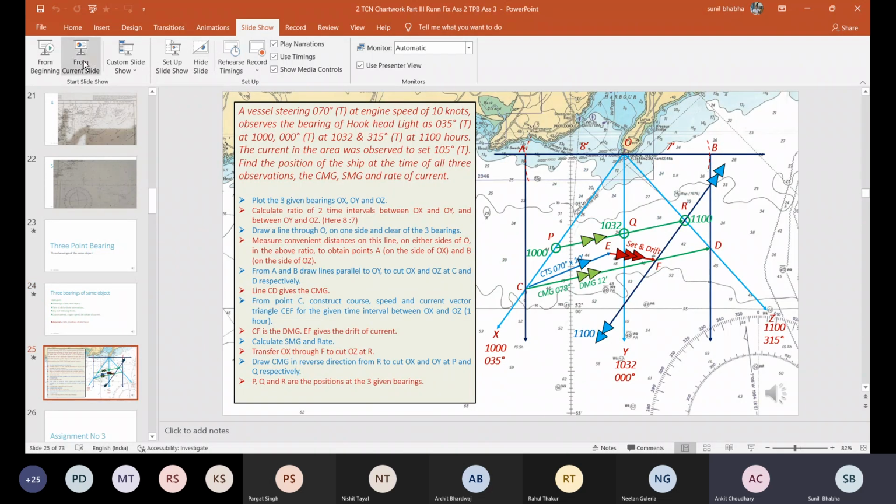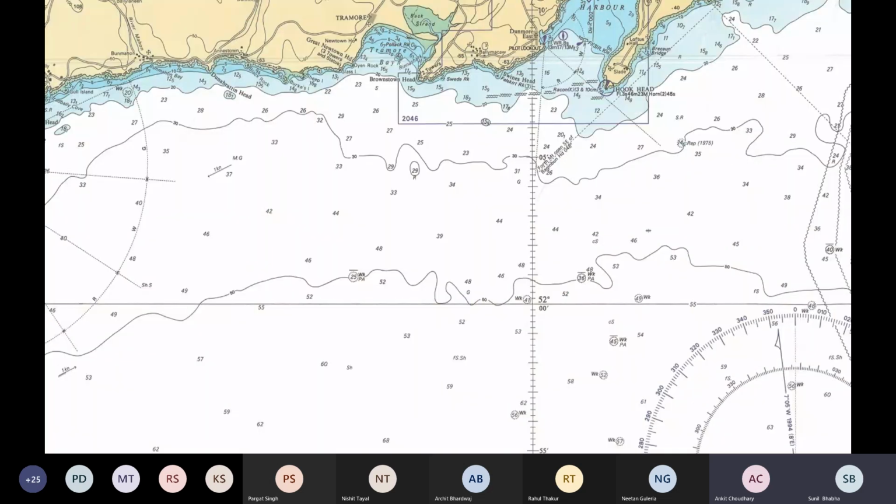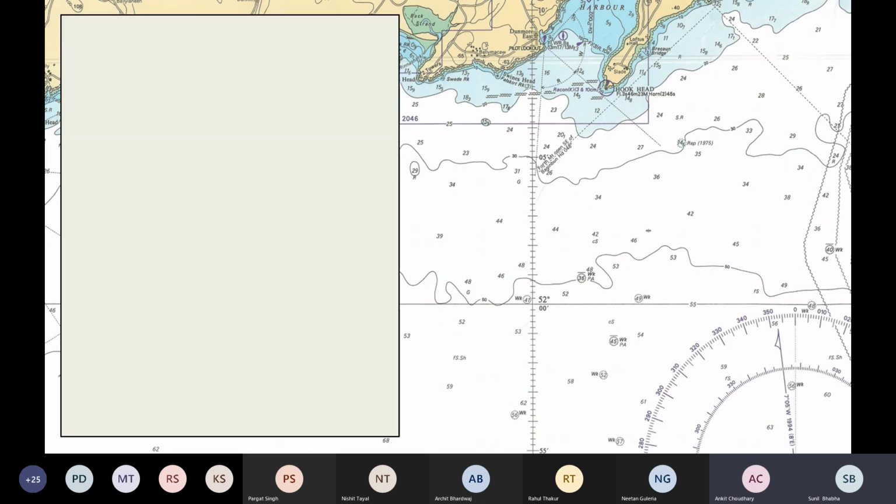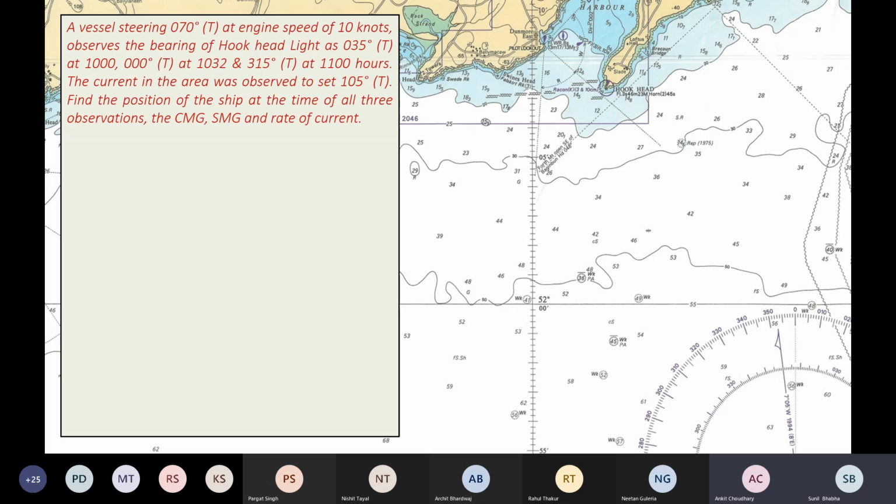Now let's try to understand this concept by solving a practical question on the chart. We have the question on the screen now.